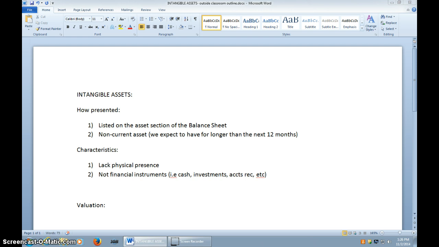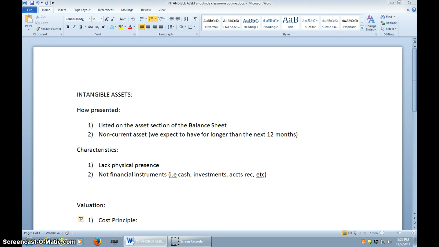So when we talk about the valuation of intangible assets, we're going to adhere to the cost principle, which is the same principle we talked about for tangible assets.